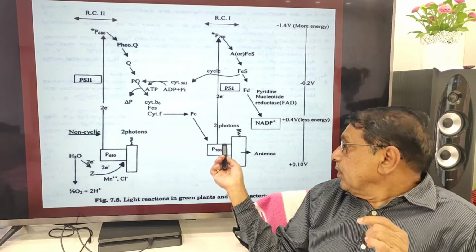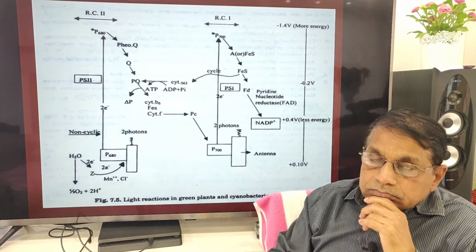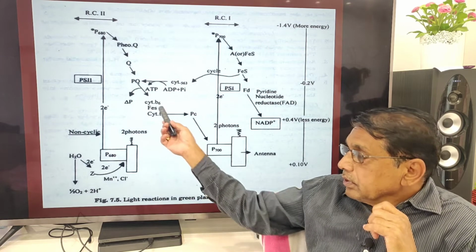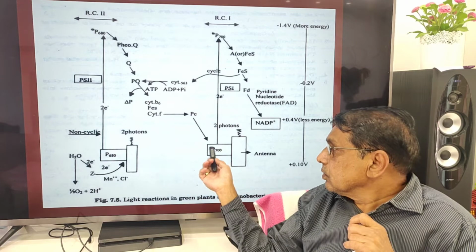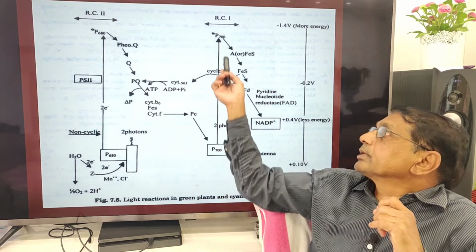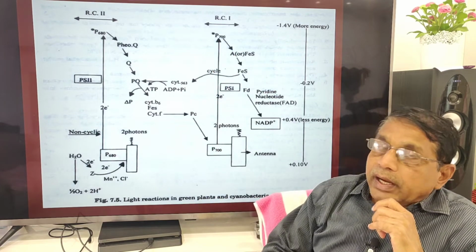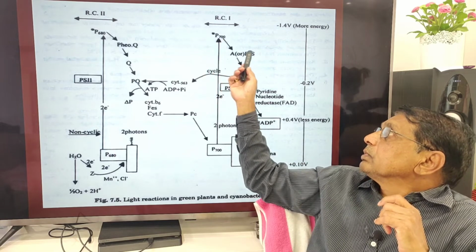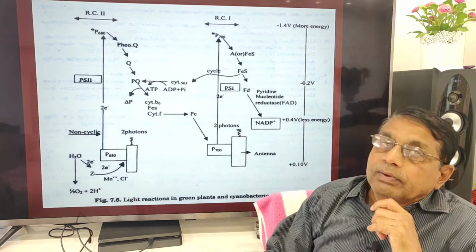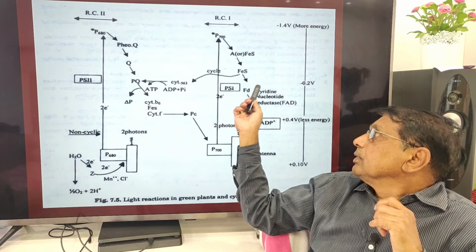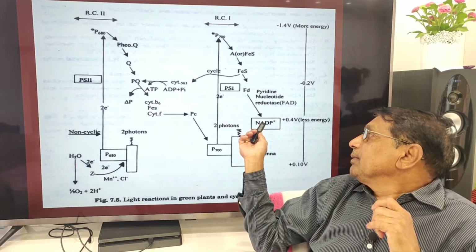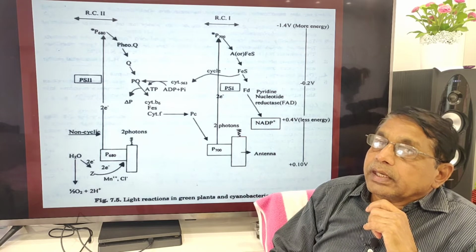Simultaneously, light will be falling on this also. It is accepting the electrons from this system, and with light again, these chlorophyll molecules become excited, lose the electrons, and these electrons pass through ferredoxin, then pyridine nucleotide, ultimately accepted by NADP.